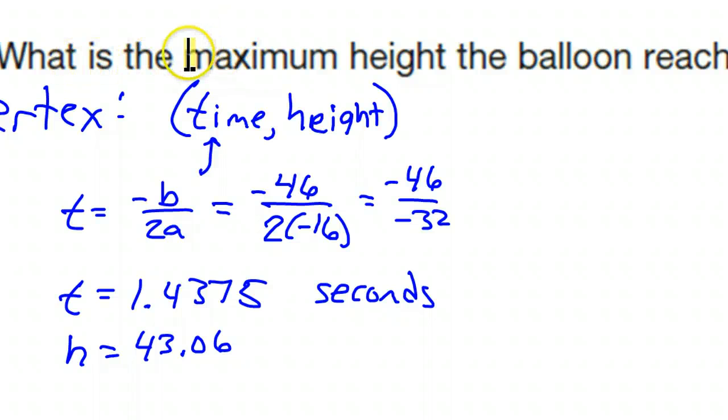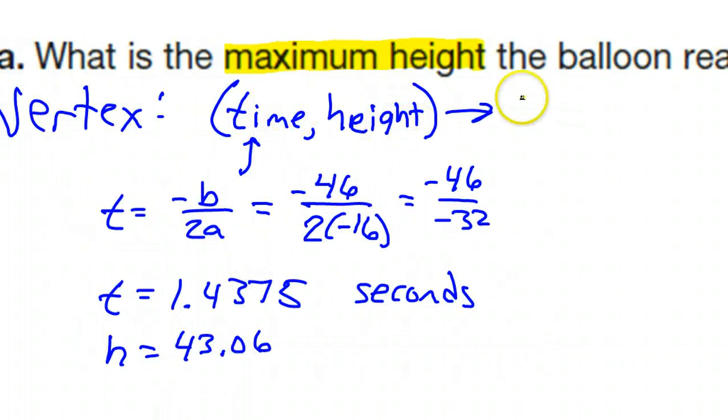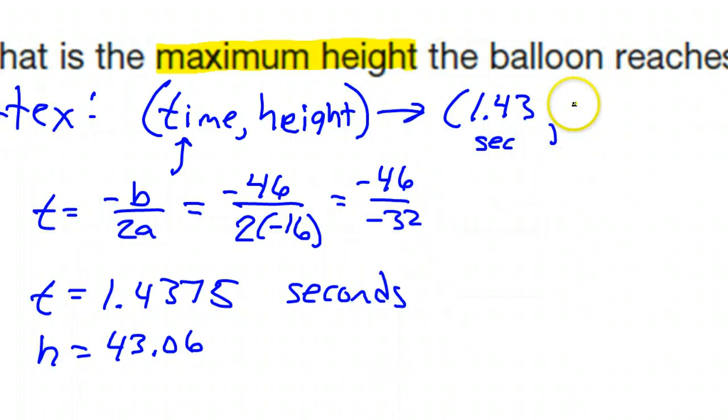So we just found the vertex, guys. The vertex in the form of time comma height is 1.43 seconds at 43.06 feet.